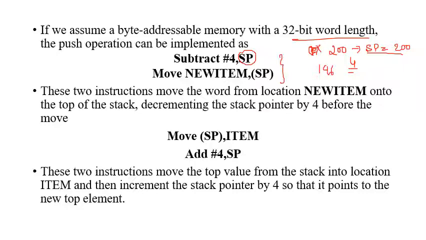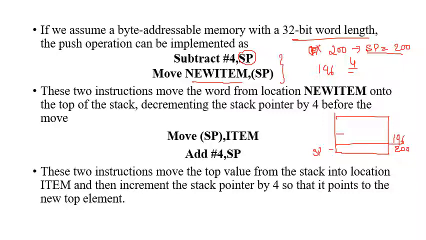Next, move the new item to the address pointed by SP. As I mentioned earlier, you will have SP here, where the address is 200. Next, you subtract 4 from 200, and it becomes 196.